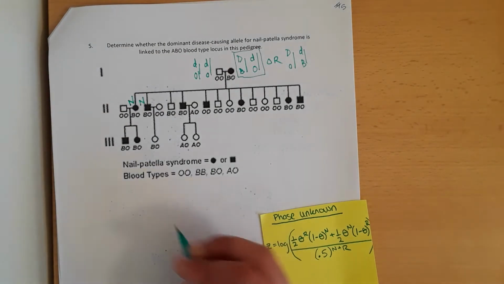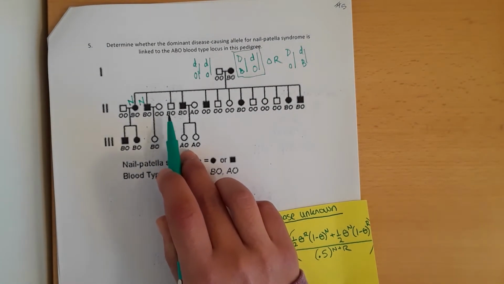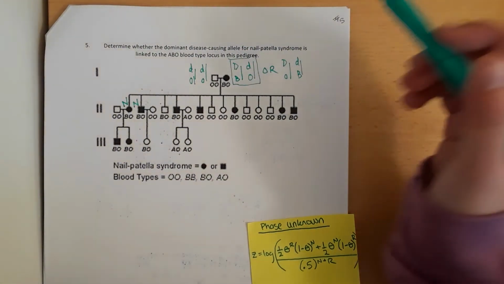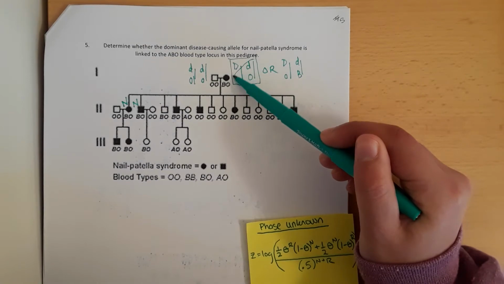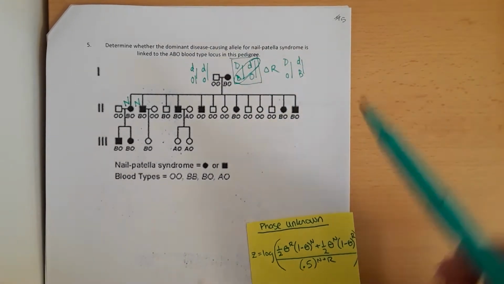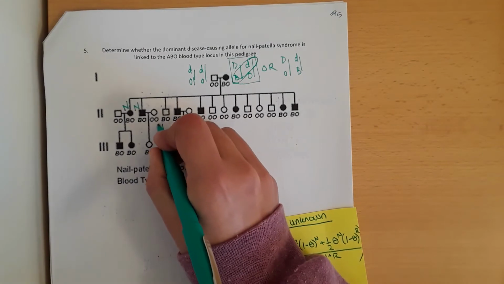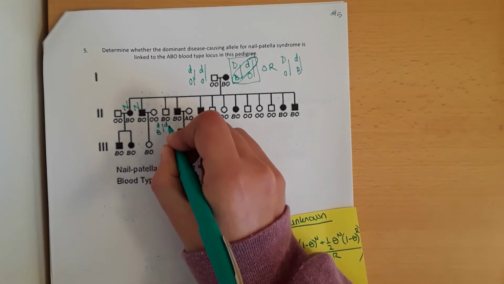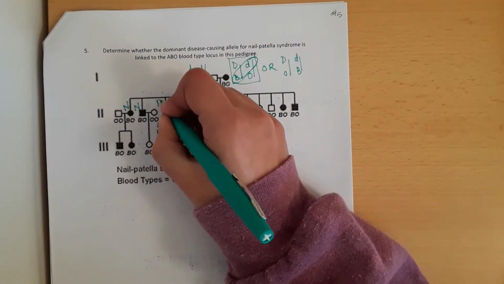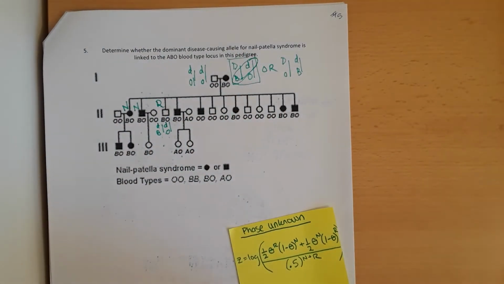Here, however, the person who has marker B is not shaded in. So recombination could have occurred where lowercase d and marker B happened, and then little d o happened. So we're going to write this as recombinant.